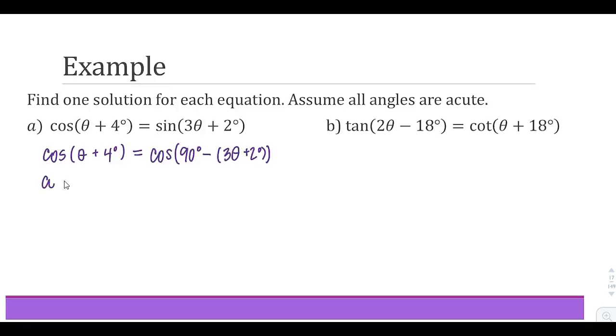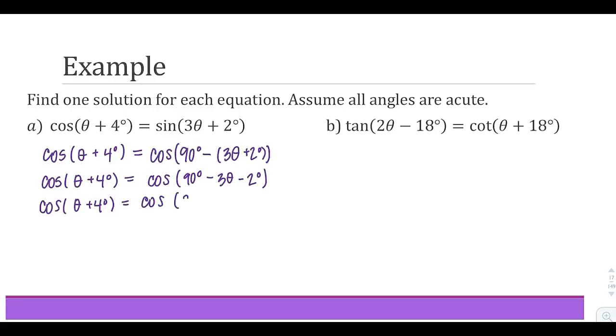So now I have cosine of theta plus 4 degrees is equal to cosine of 90 degrees minus 3 theta minus 2 degrees, because that negative will distribute. Or cosine of theta plus 4 degrees equals cosine of 88 degrees minus 3 theta.